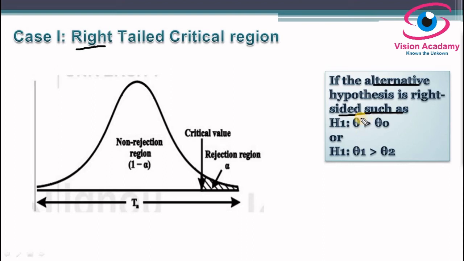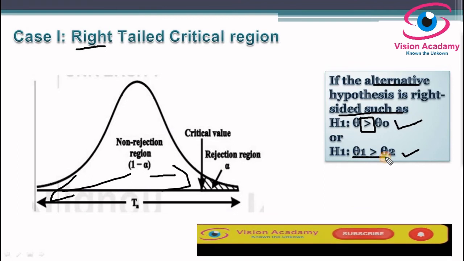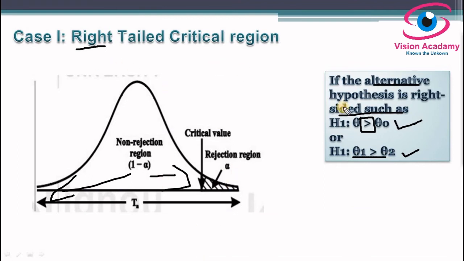The symbol is indicating greater than. Greater than means in the probability distribution, the T distribution, your rejection region falls on the right side; the greater than symbol will come on this side, and lesser than will come on this side. So if you find a greater than symbol in your alternative hypothesis, like theta greater than theta, or theta 1 greater than theta 2, which we use where we consider two populations, it means it is a right-tailed critical region.